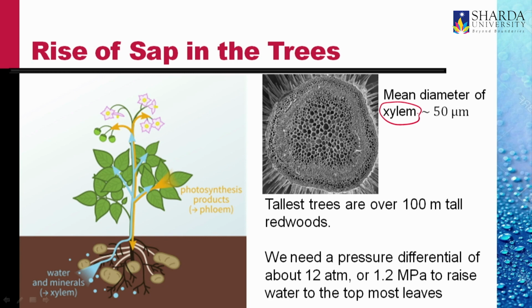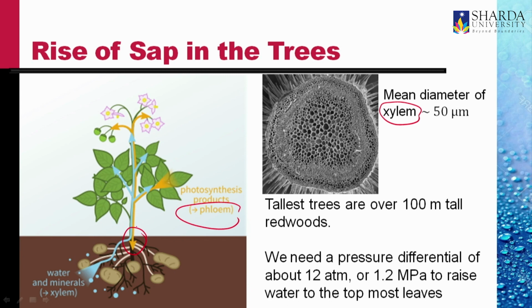The products of photosynthesis travel down through a system called phloem, shown here with yellow arrows flowing down. Now the tallest trees on earth, the redwoods of California, USA, are over 100 meters tall. We need a pressure differential of about 12 atmospheres or 1.2 megapascal to raise water to the topmost leaves.